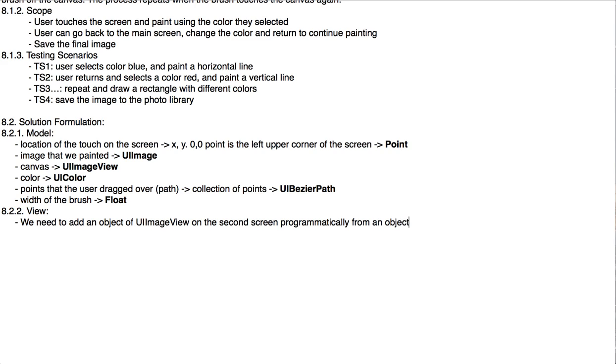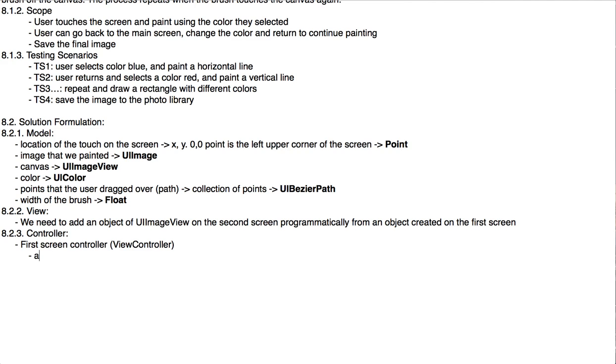Programmatically from an object created on the first screen. And then the last part is the controller. And that's where all the work is going to happen here. So first we have the first screen controller that we call view controller.